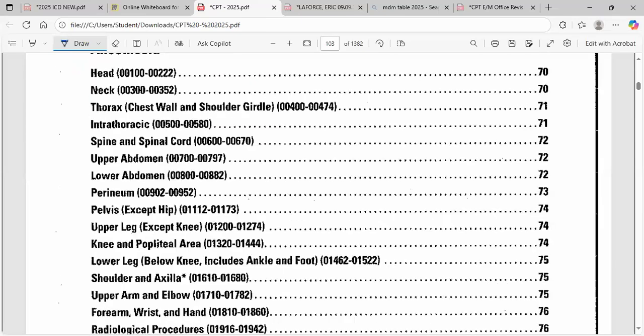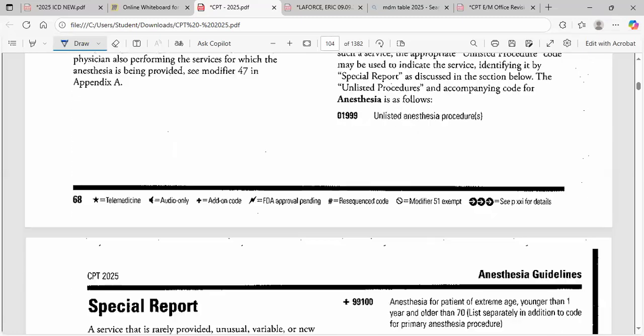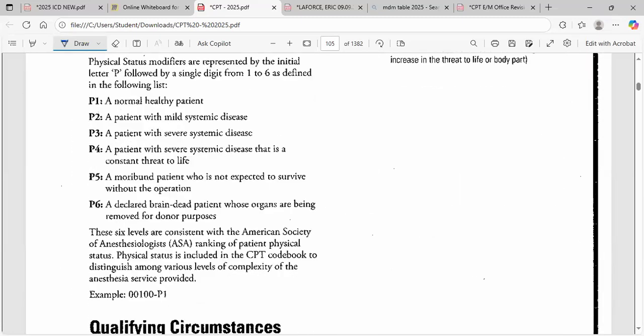So before proceeding with the codes, let's go through a few anesthesia modifiers. We have these anesthesia modifiers which need to be used with the anesthesia codes in all situations. Anesthesia modifiers represent what the provider is doing and what the condition of the patient is at the time of anesthesia, whether the patient is a normal, healthy patient, or whether the patient has any mild systemic disease.